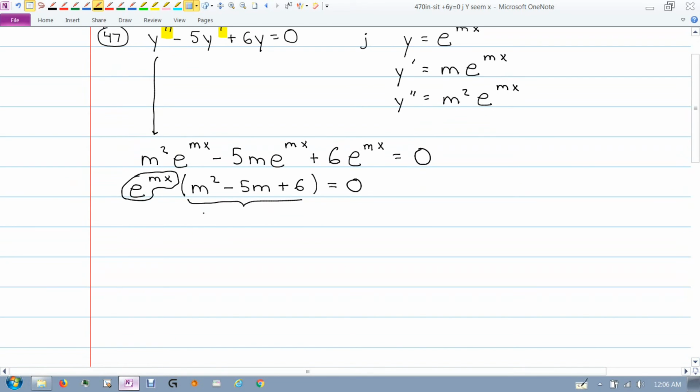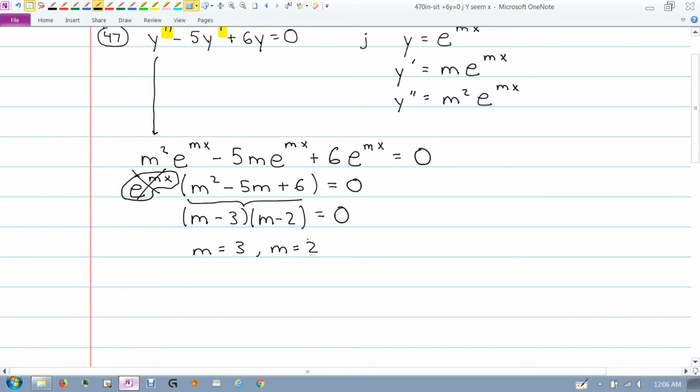The only way that this equation would be 0 is if we can get this thing to equal 0, because we know e raised to any power can never be 0. So we've got to see if we can factor this. This does factor: m minus 3, m minus 2 equals 0. Solving that, we get m is 3 and m is 2.